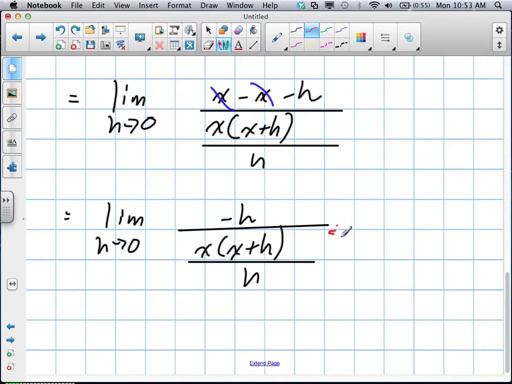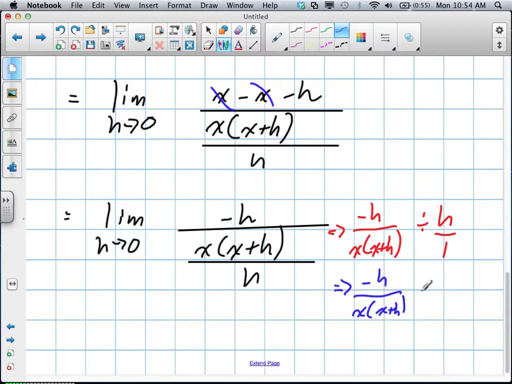Now, because we have a fraction stacked like this, I'm going to try to simplify it. This could also be written like this: negative h over x times x plus h, divided by h. Remember, when we're dividing fractions, we flip and invert the second term and turn it into a multiplication question. So it's now going to look like negative h over x times x plus h, times 1 over h.